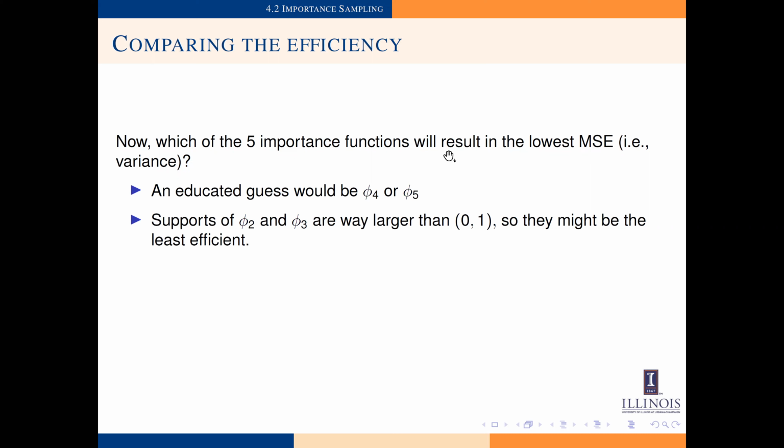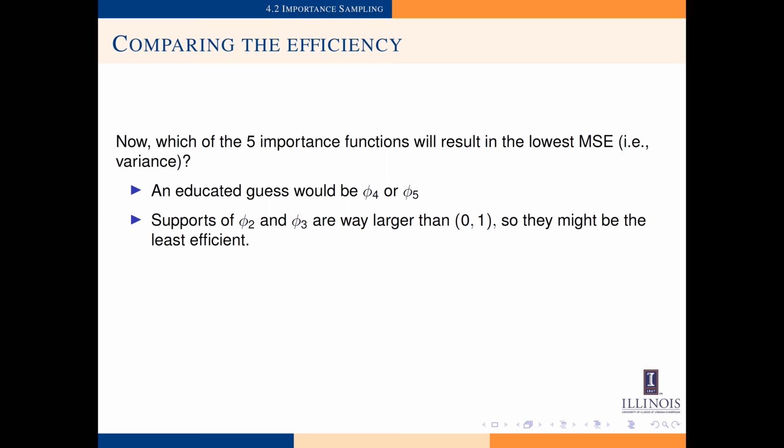Well, an educated guess would be phi4 or phi5, because we know that we want our phi ideally to be roughly proportional to gx times fx. We have earlier looked at what that function actually looks like. And also we want the support of phi to be approximately the same as the support of our f.